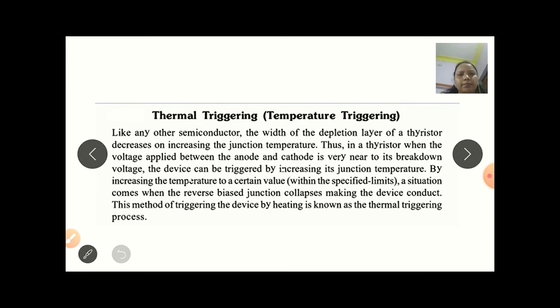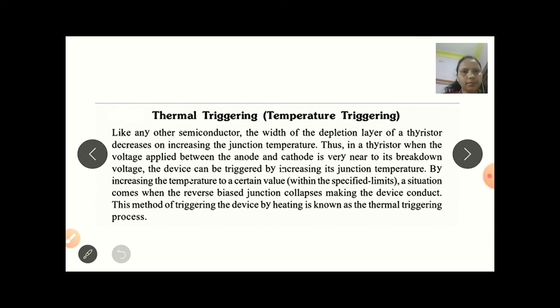Let's discuss how the temperature increases and how the width of the depletion layer decreases. When a voltage is applied across the thyristor anode and cathode, it is in the forward blocking mode. In this mode, through the thyristor there is only a small amount of leakage current.